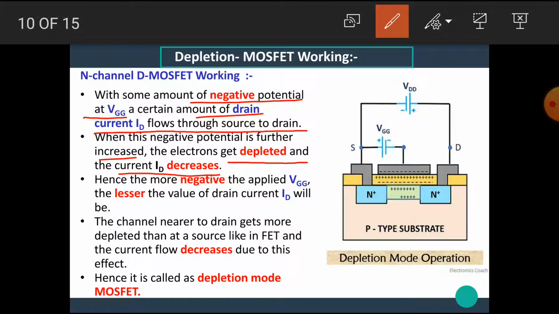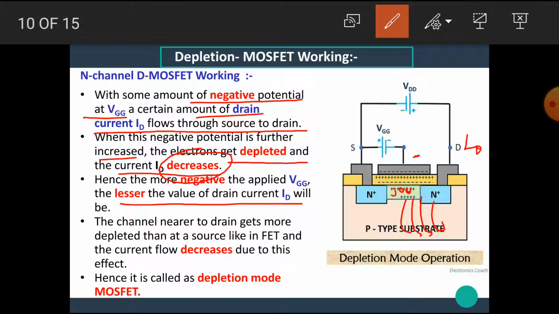That means as seen previously, as the negative potential of the gate increases, more electrons are repelled, that means depleted, and the holes are gathered. Hence the current from source to drain is now decreasing. Hence the drain current ID decreases. Hence, the more negative the applied VGG, the lesser the value of the drain current will be.